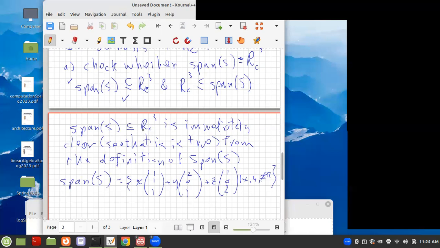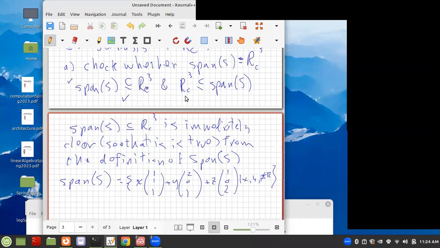So it's going to be one of these, right? Because (1, 1, 1) is a member of R3C, and (2, 0, 1) and (1, 0, 2) are. If I multiply any of them by numbers, because it's a vector space, those have to be vectors in the space. And when I add two vectors, they have to be a vector in the space. Otherwise, this wouldn't be a vector space. So just from the properties of the fact that I've chosen a subset of R3C, this is a subset of R3C. So is that okay with you guys?